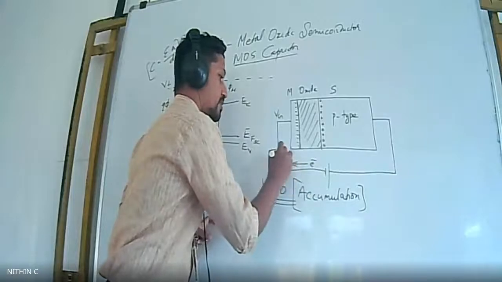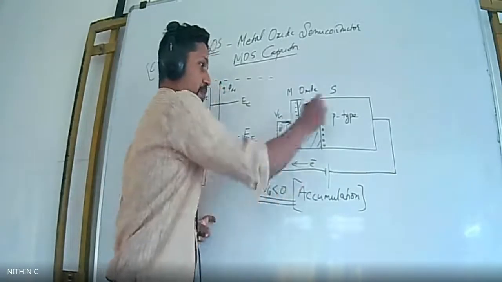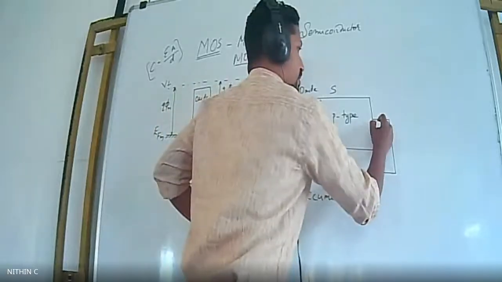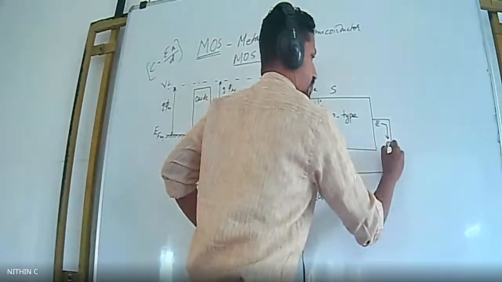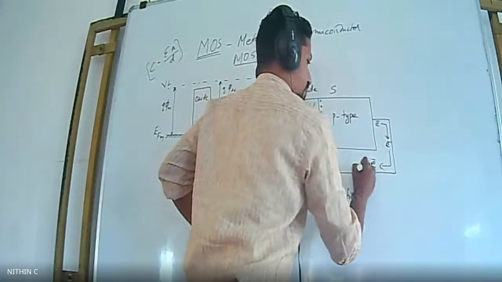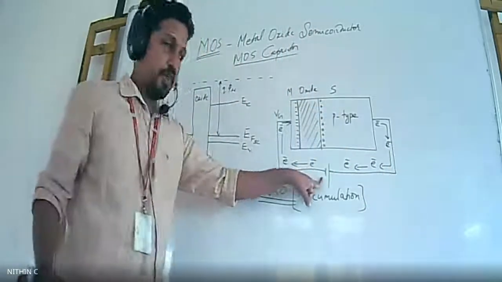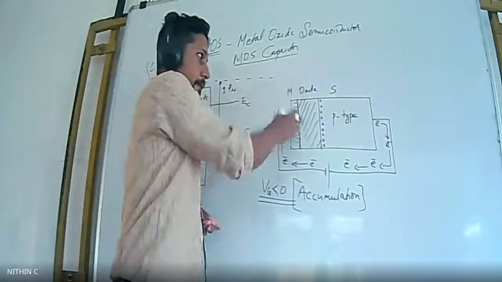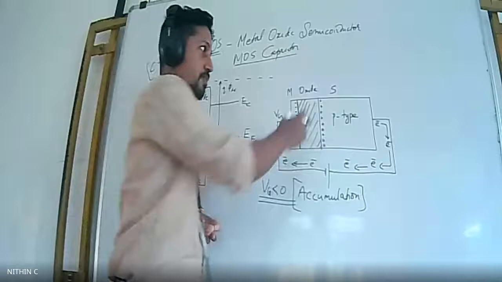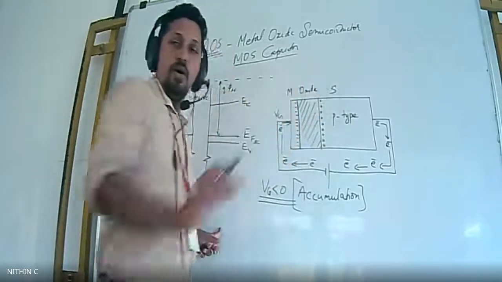Electrons are provided by the negative terminal, so the electron flow will be in this manner, and they accumulate at the metal oxide interface. Similarly, holes accumulate at the interface of semiconductor and oxide.